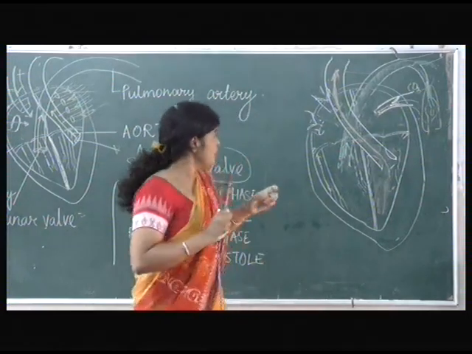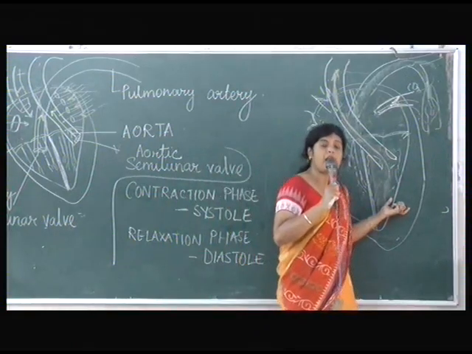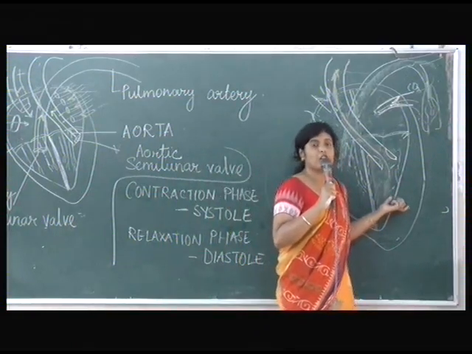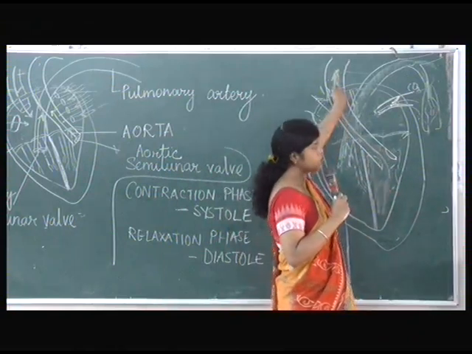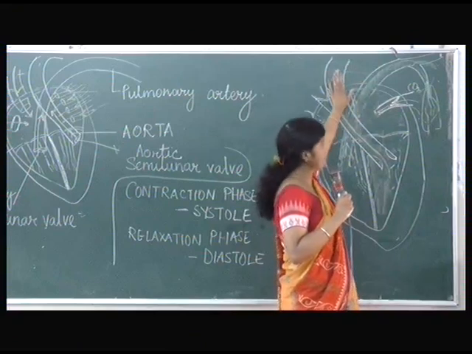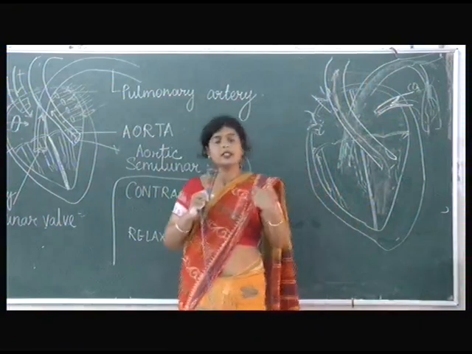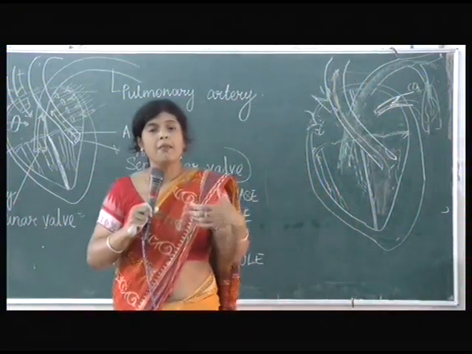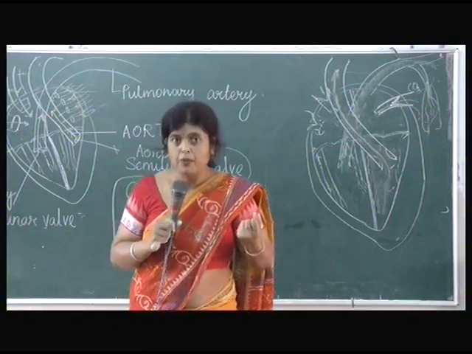So the left ventricle has to apply maximum pressure, because it is sending blood out of the heart through the aorta to different organs of the body, and all organs are not located near the heart. Some are far away from the heart. So the pressure exerted has to be more.